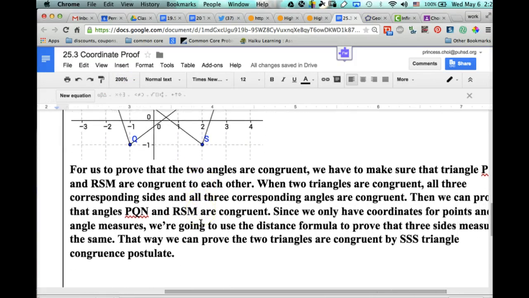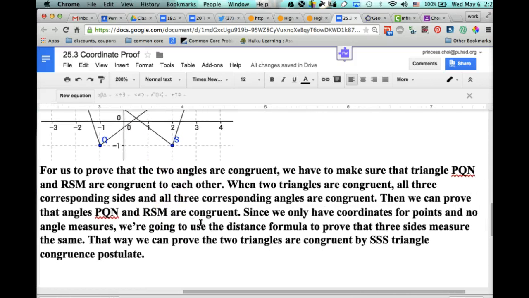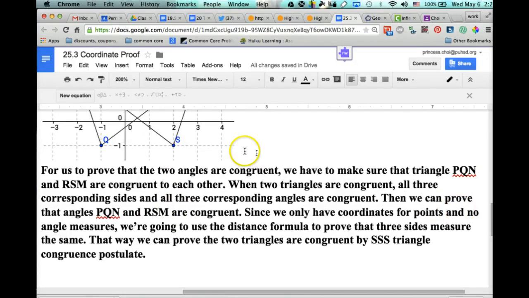For us to prove that the 2 angles are congruent, right, we have to make sure that triangle PQN and RSM are congruent to each other. When 2 triangles are congruent, all 3 corresponding sides and all 3 corresponding angles are congruent. Then we can prove that angles PQN and RSM are congruent. Since we only have coordinates for points and no angle measures, we're going to use the distance formula to prove that 3 sides measure the same. That way we can prove the 2 triangles are congruent by SSS triangle congruence postulate, right?